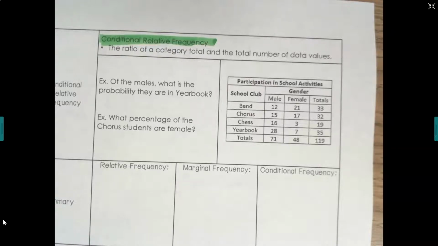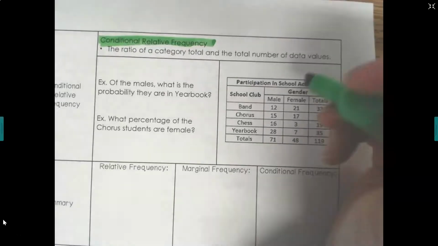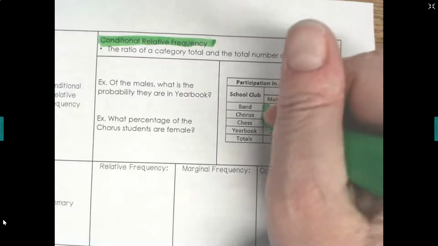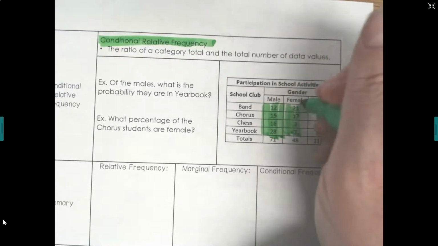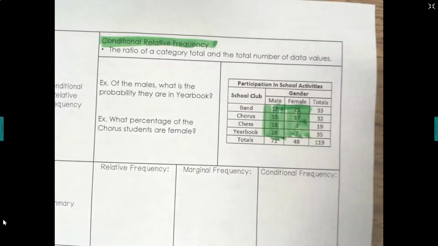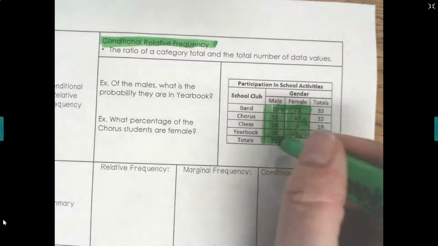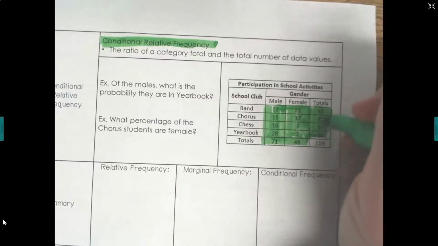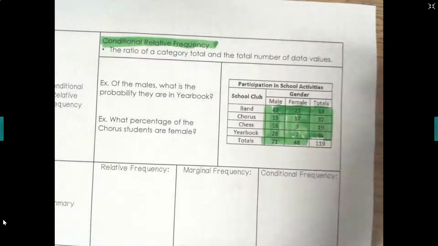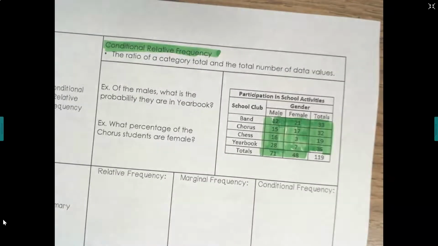Okay, so what that's saying is, it's really a joint frequency divided by one of these marginal frequencies, but not the total. Okay, so you're going to take a category or cell where they cross divided by a category total.